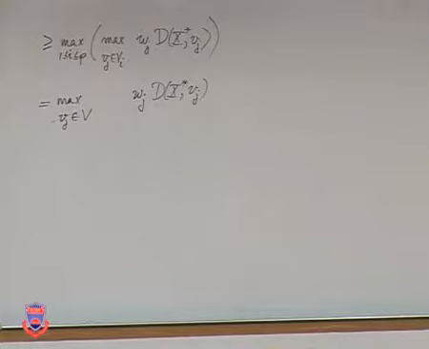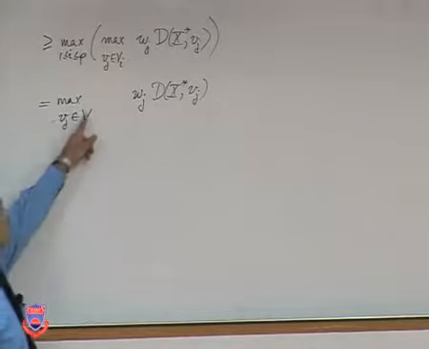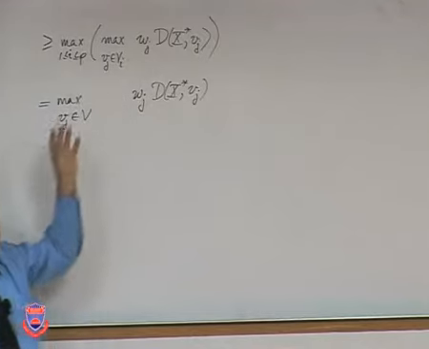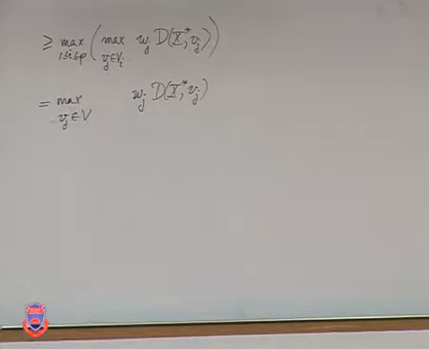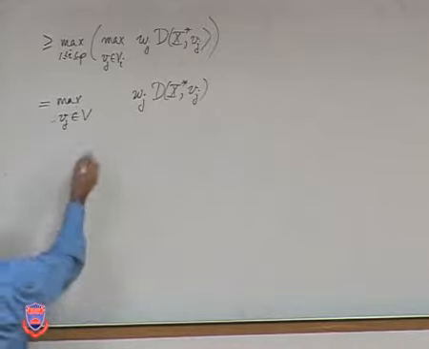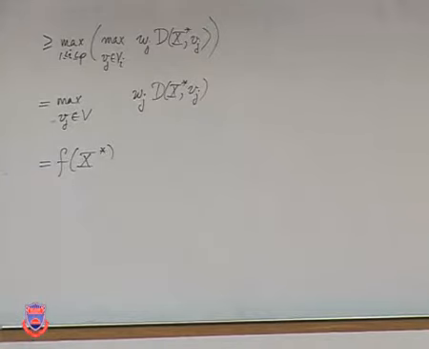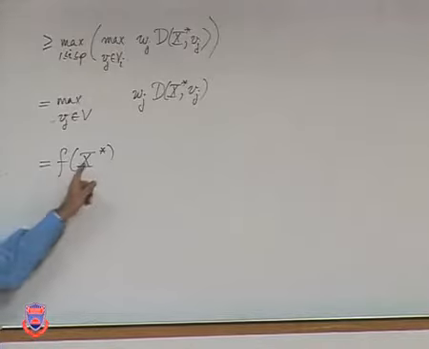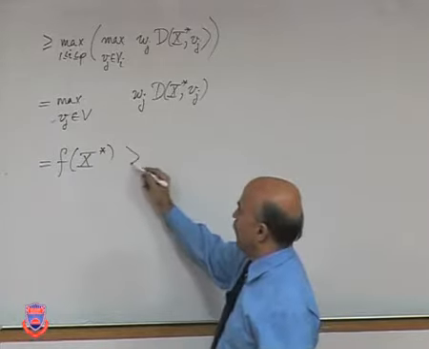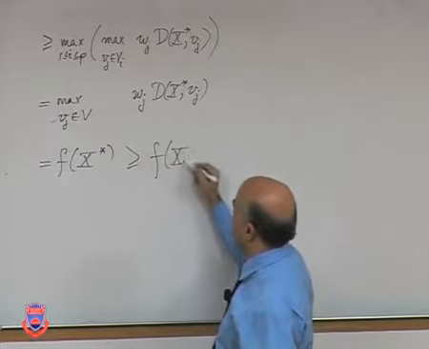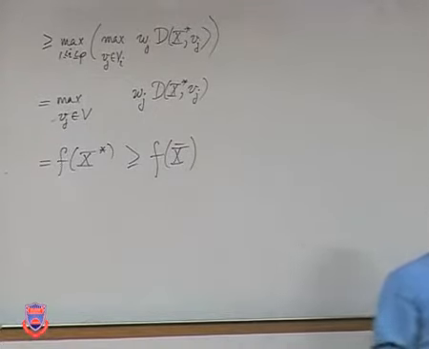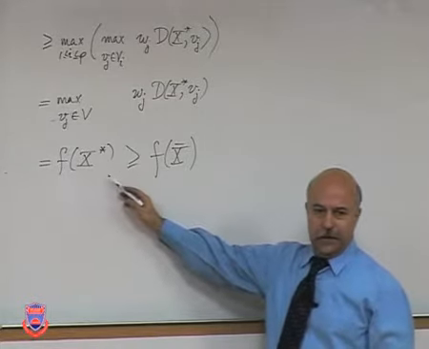I just combined them into a single max operator over all vertices. Before it was on different subsets, now it's over all vertices. By definition, this is f of x star. That's just by definition the f function evaluated at x star. And what do I know about f of x star? I know that it's greater or equal f of x bar, because by assumption x bar is an optimal solution. So it must beat the other one or equal it.